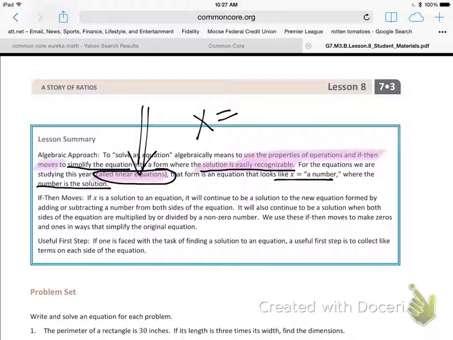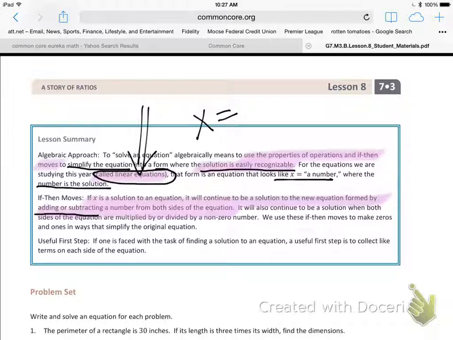All right, so now these if-then moves, if x is a solution to an equation, it will continue to be a solution to the new equation formed by adding or subtracting a number from both sides of the equation. And again, we're trying to make zeros when it comes to addition and subtraction, okay?